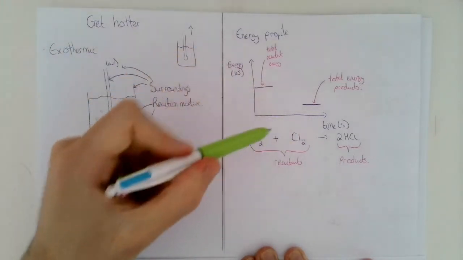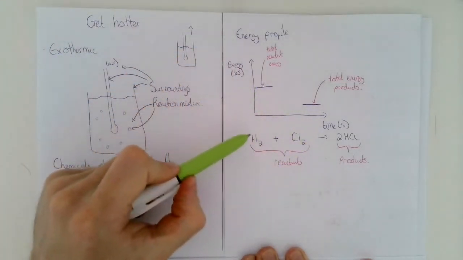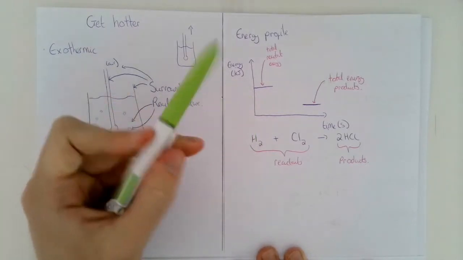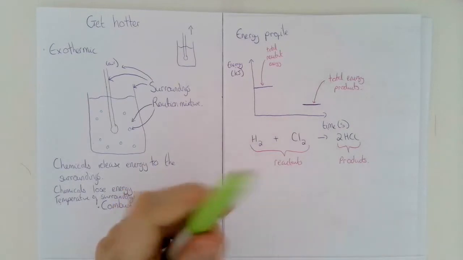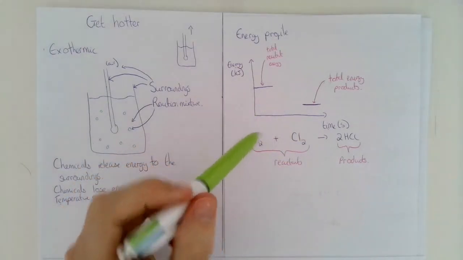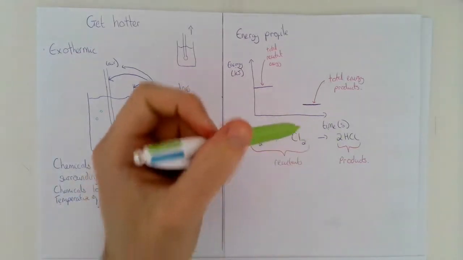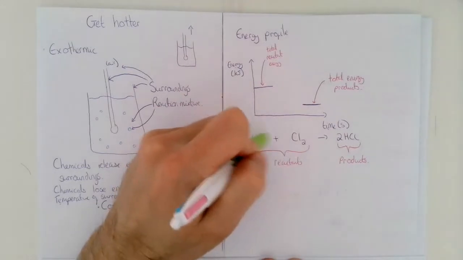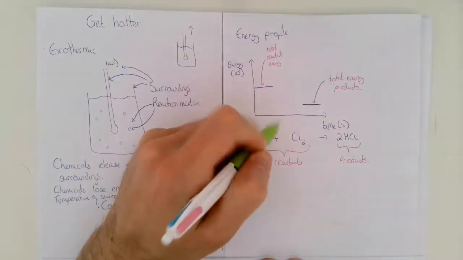Now, in order to get a reaction to work, it doesn't spontaneously occur. So if we add two reactants together, it doesn't always happen. Often you need to put a Bunsen burner underneath or increase the temperature in order to get it to work. And that's because you need the particles to collide with enough energy.